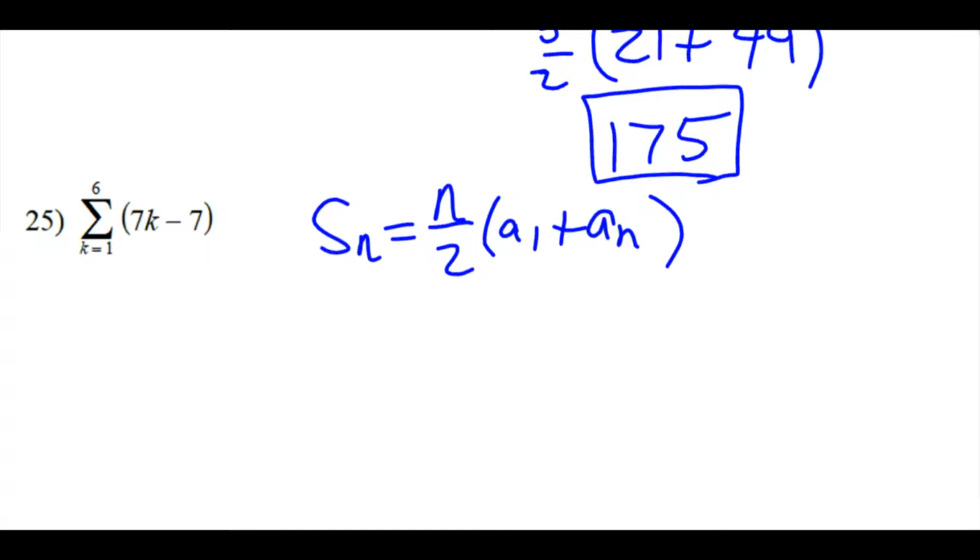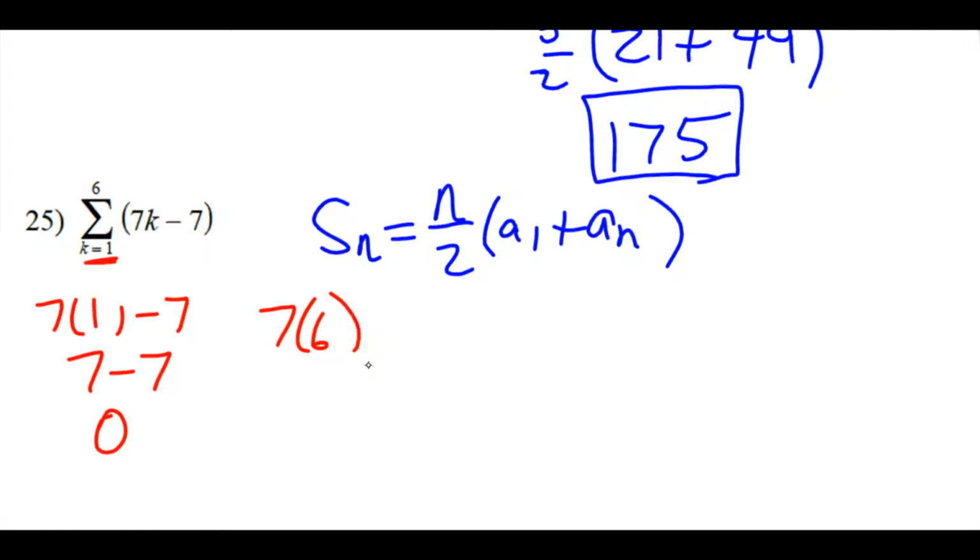So what this is telling me to do is plug in 1, and then plug in 2, plug in 3, plug in 4, plug in 5, plug in 6. The last number I'd plug in is 6. But n is how many times we would end up doing that. So if you count on your fingers if you want to, plug in 1, 2, 3, 4, 5, 6. That means n has to be 6.